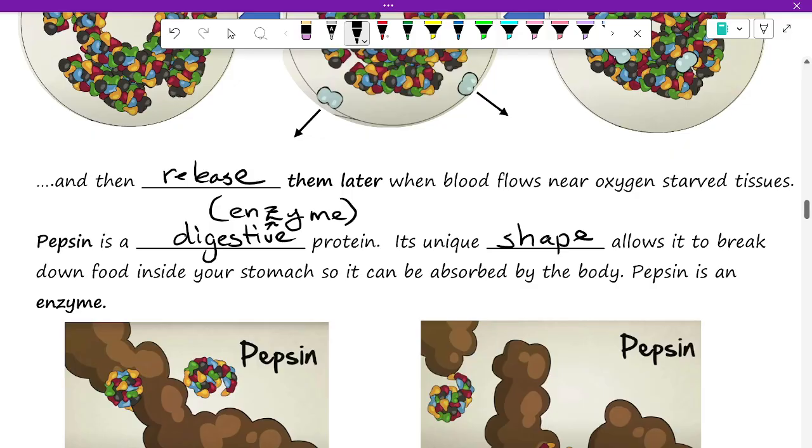It actually breaks down protein. Do you remember what we call an unfolded protein? It's called a polypeptide. Can you guess what pepsin breaks down in the stomach? It breaks down food. What kind of food? Proteins. Because it breaks down polypeptides. Pepsin.